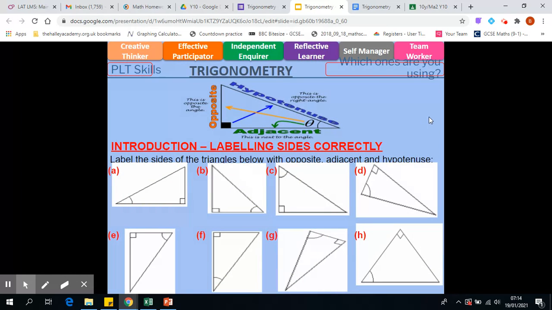Make a sketch of these triangles in your exercise book or on a piece of paper. Once completed, you can go to slide 5 to check your answers. I understand that this task is the same as last lesson.